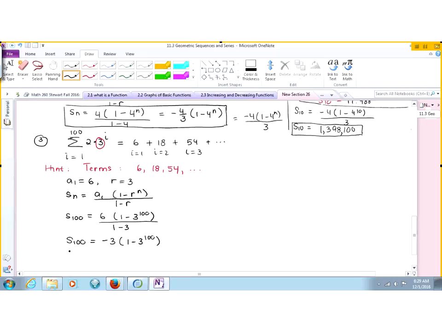It's -3 times 1 minus 3 to the 100. The answer is 1.546 multiplied by 10 to the 48. It's a big number.